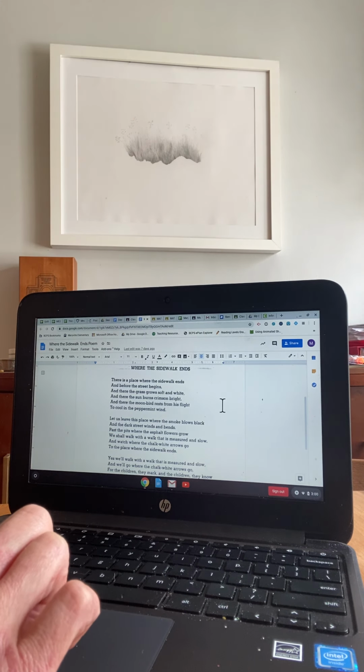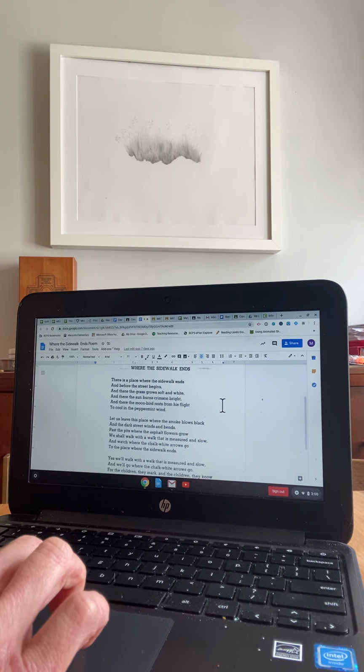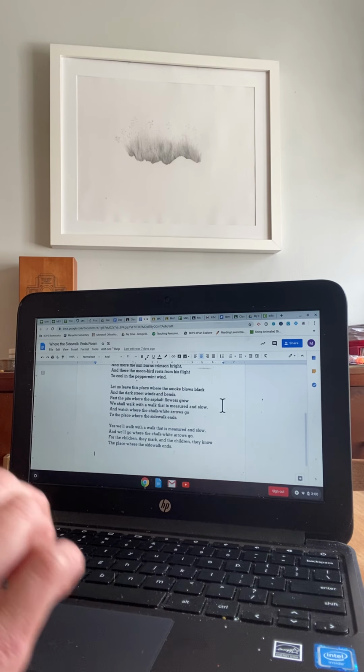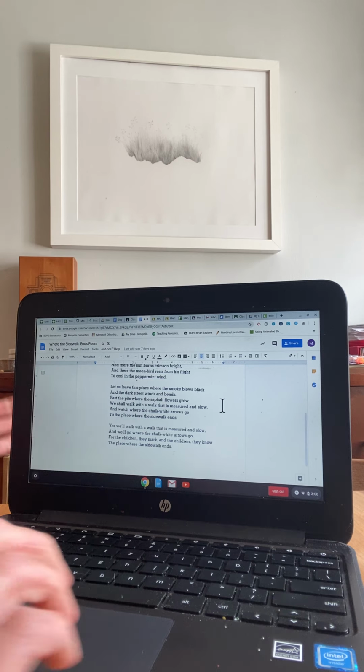Past the pits where the asphalt flowers grow, we shall walk with a walk that is measured and slow, and watch where the chalk white arrows go to the place where the sidewalk ends. Yes, we'll walk with a walk that is measured and slow, and we'll go where the chalk white arrows go. And for the children, they mark, and the children, they know the place where the sidewalk ends.